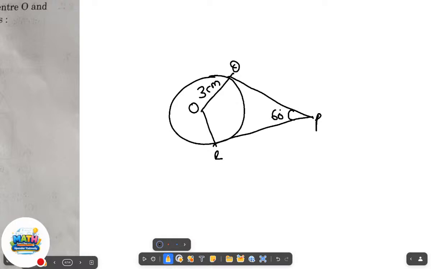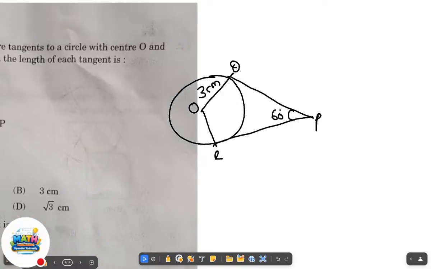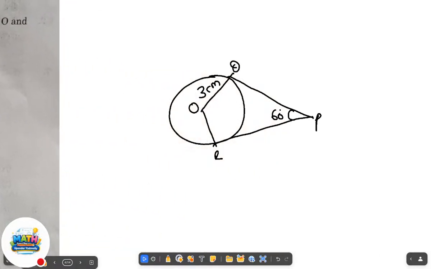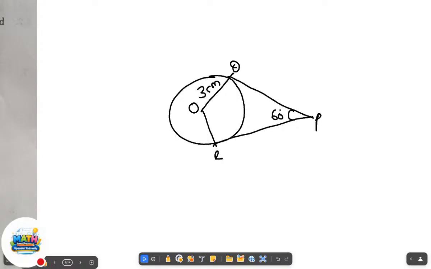So we have to find the length of each tangent.